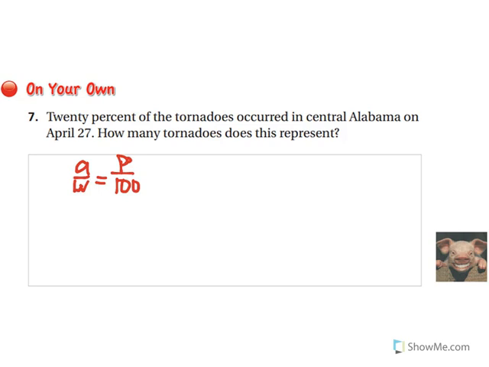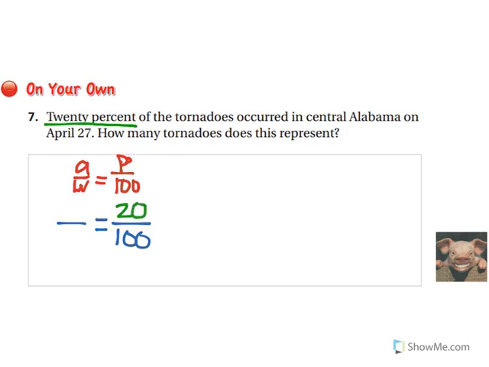All right, if you refer back to the information we had from example 4, this is what we know. We know that 100 is on the bottom because 100 is always on the bottom. And then we know it says 20% of the tornadoes occurred in central Alabama. So we know the percent is 20.